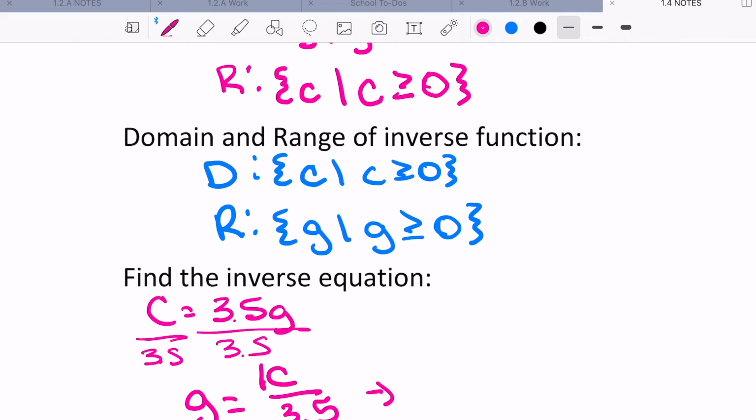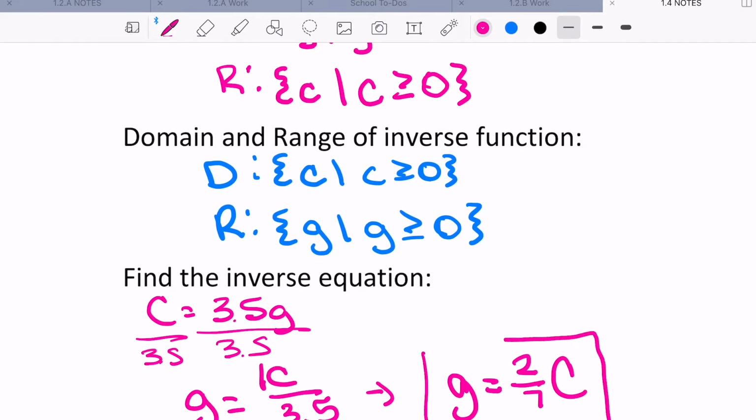So if you press enter, your calculator should now say answer, arrow, fraction. Press enter and you can see that your fraction, 1 divided by 3.5, is now equal to 2 over 7. So our inverse function is g equals 2 over 7 c.